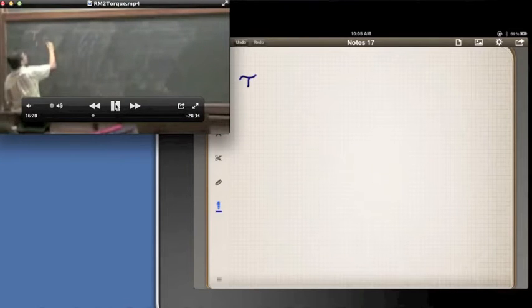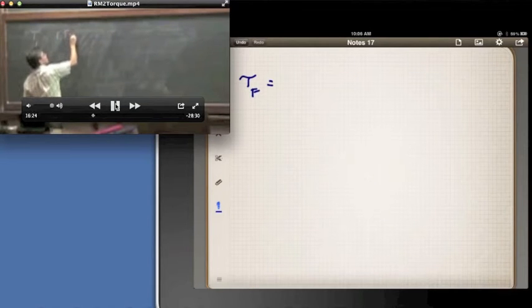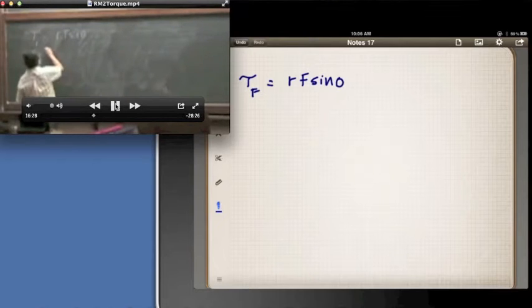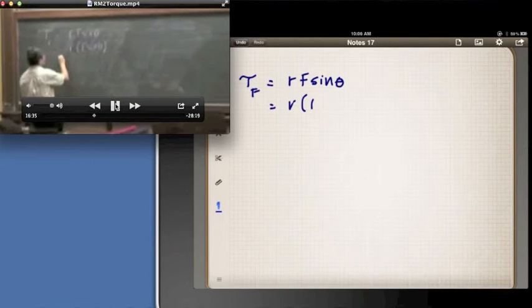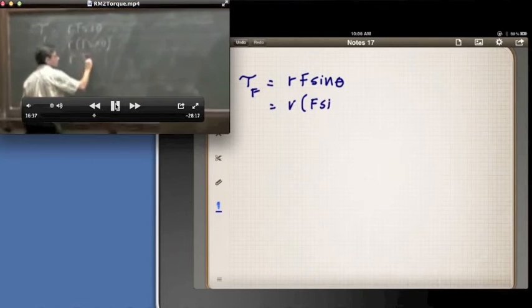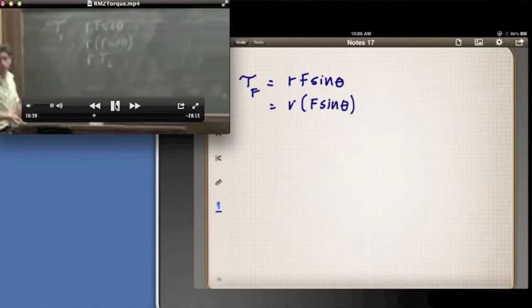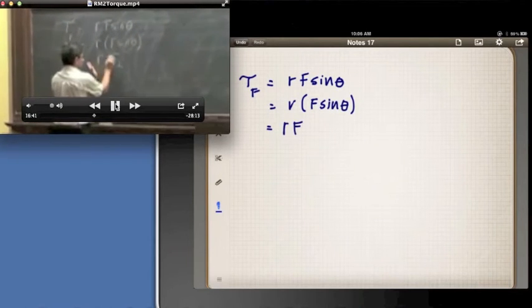Torque of some force F, we say that it's r F sine theta. If we group it this way, F with the sine of theta, we know that this is the perpendicular component of the force. Perpendicular to what? Perpendicular to the vector r.